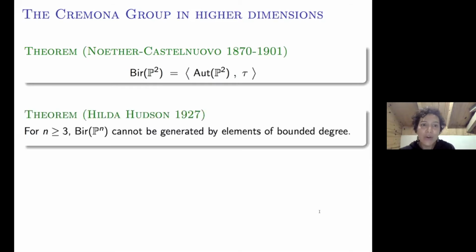And in contrast, Hilda Hudson already knew in 1927 that in higher dimensions, for n at least 3, the Cremona group of Pn cannot be generated by elements of bounded degree. So any set of generators must contain elements of arbitrarily large degree.